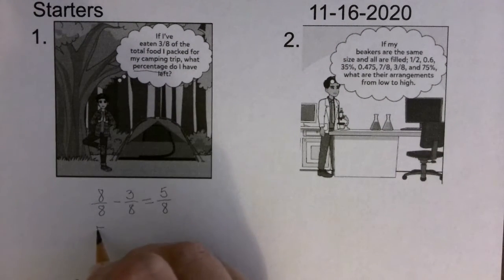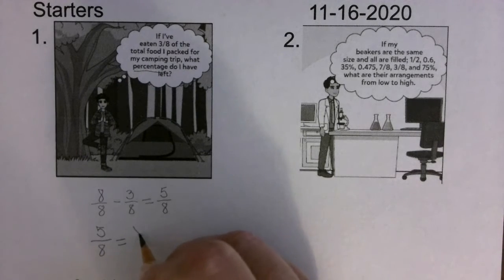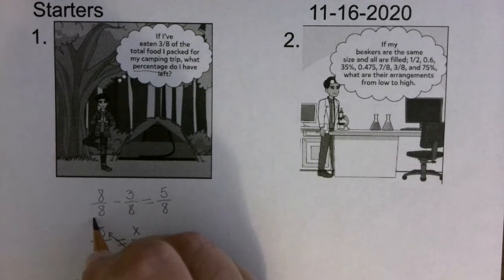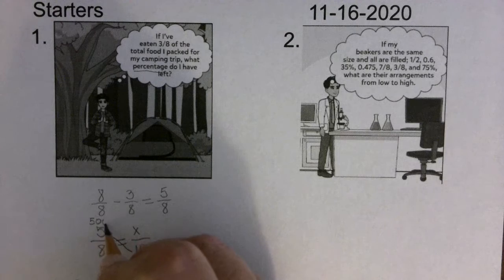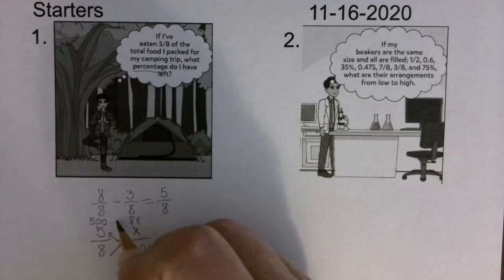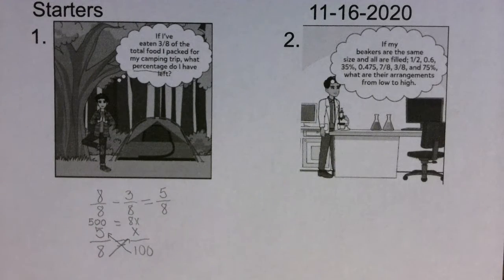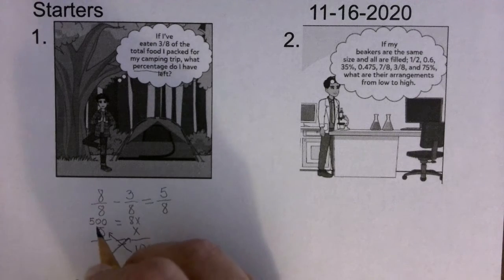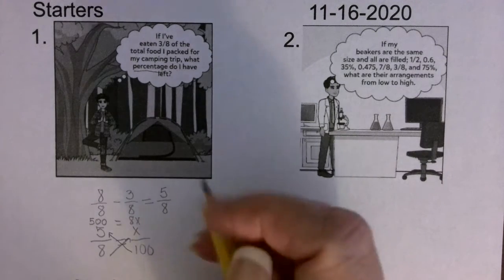You can do 5/8 is equal to, and then we do the percent over 100. So 5 times 100 is 500, and 8 times x is 8x. Remember that those two things have to be equal when we're proportional. So we're trying to figure out 8 times some number to give us 500.